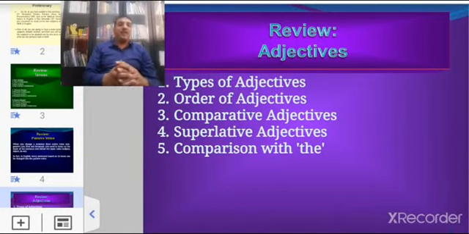Comparison with the. So the more you read, the more you write. The results, the consequences of your actions. The more you worship your God, the more you become happy, or the best rewards you can get in the day after.